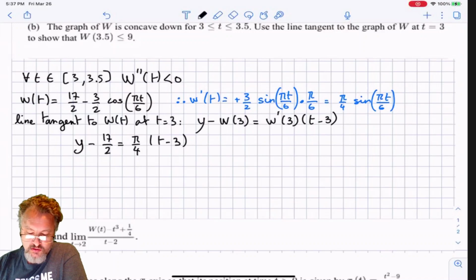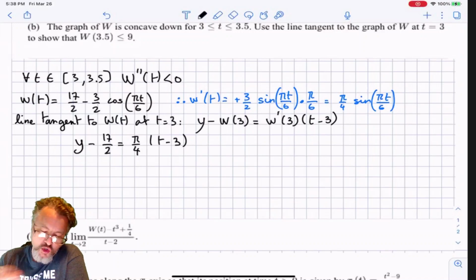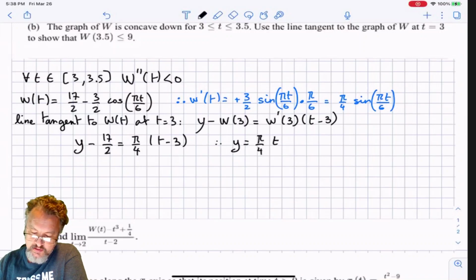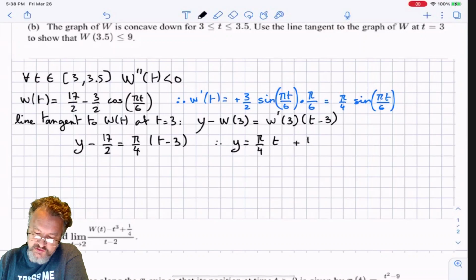So y minus 17 over 2 equals pi over 4 times t minus 3. If you want, you can rewrite it as y equals pi over 4 t plus 17 over 2 minus 3 pi over 4.